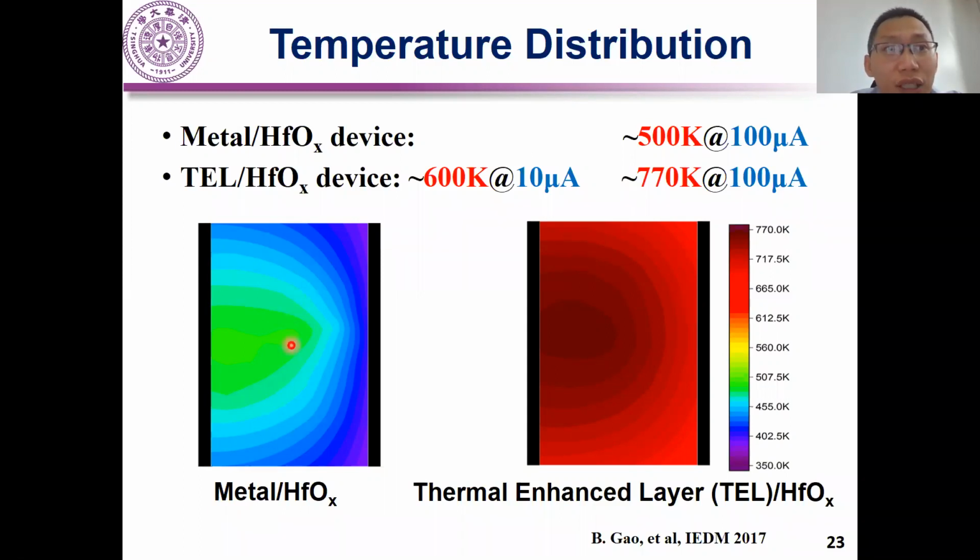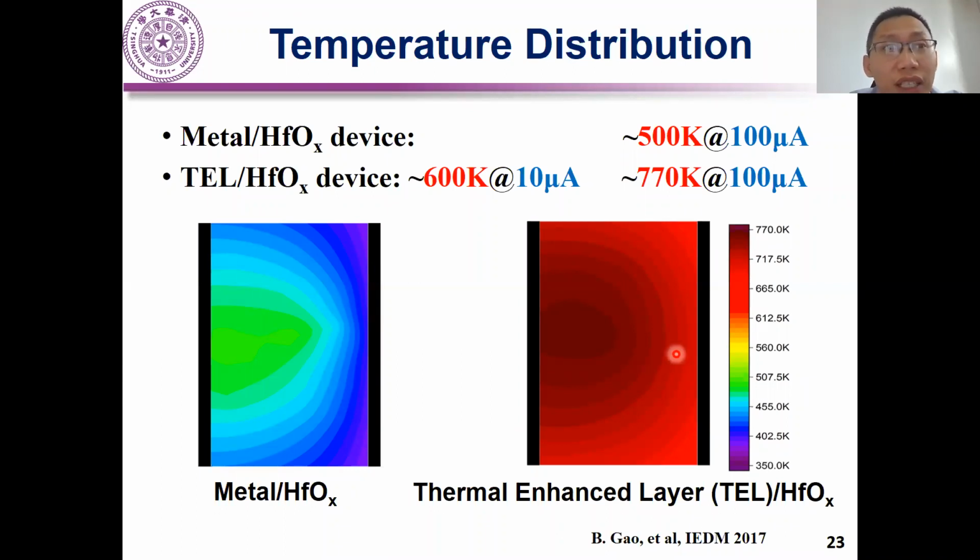On the traditional device structure with a metal capping layer, the internal temperature during switching process is not so high. You can see it's about 500 K. While if the capping layer is changed to a low thermal conductivity material, the temperature can be enhanced.